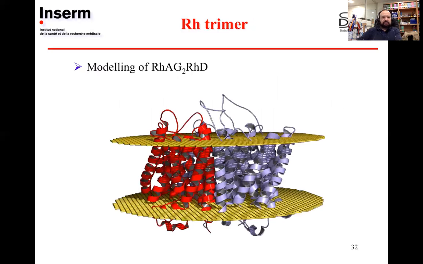So here again, we proposed a more refined structural model, using as a structural template not only one protein, but directly a trimer. After refinement, using roughly the same type of approaches, we selected this structural model for the trimer with 2 RHAG and 1 RHD.